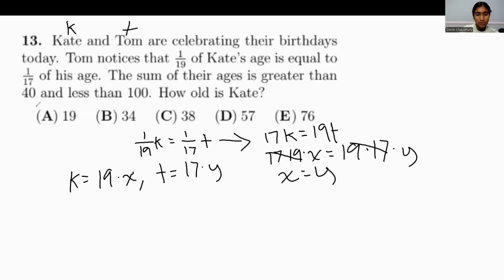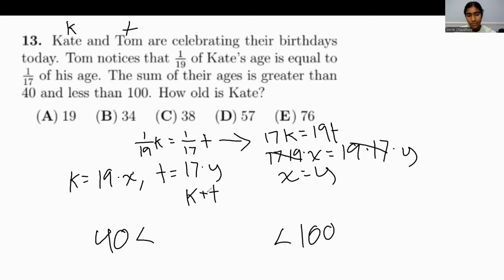Now over here we were told the sum of their ages is greater than 40 but less than 100. So that means k plus t fits that criteria. Now, k plus t, we can plug in 19 times x and 17 times y, except since we know that x equals y, let's plug in x for y. So we've got 19x plus 17x, which is 36x.